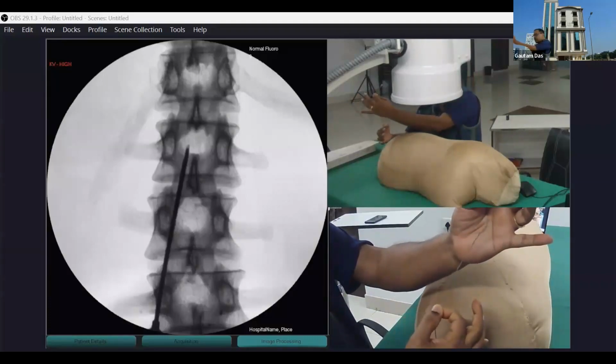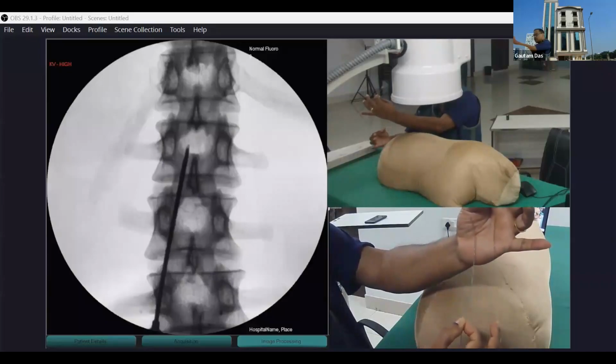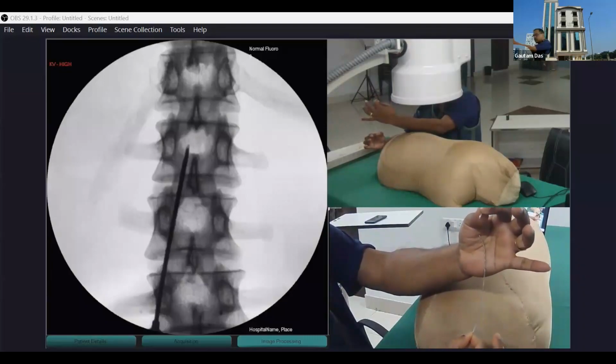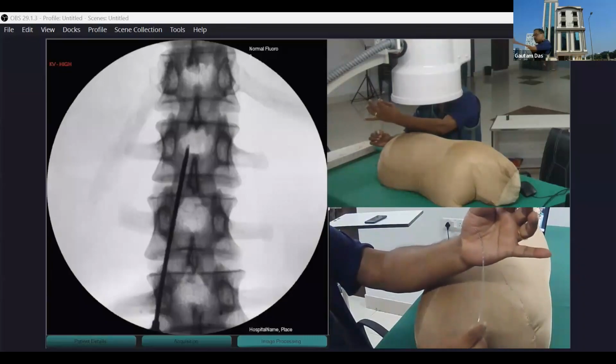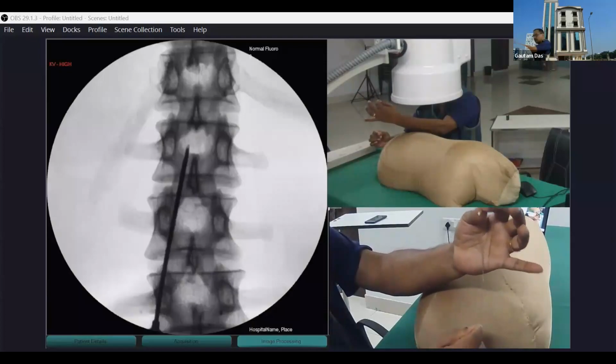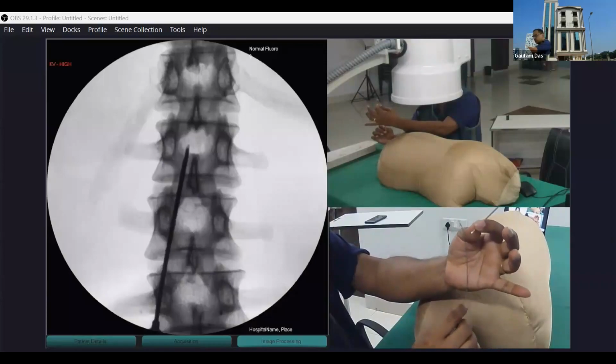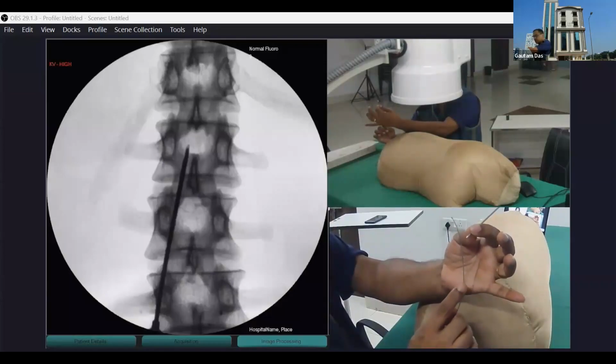Otherwise, it looks like an epidural catheter, but the leads are there inside. All the glistening things are electrodes, and each electrode is insulated. This is an octopolar lead. 8 electrodes are there inside, and all the electrodes have their individual insulated connections within this.